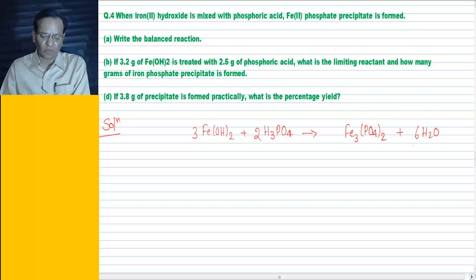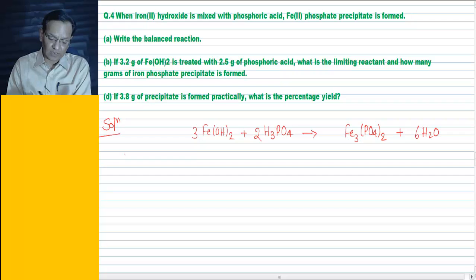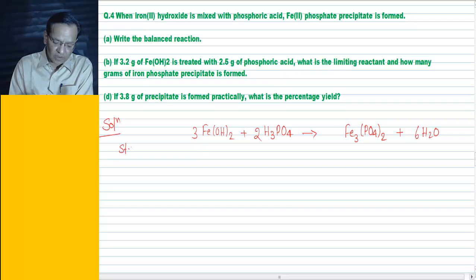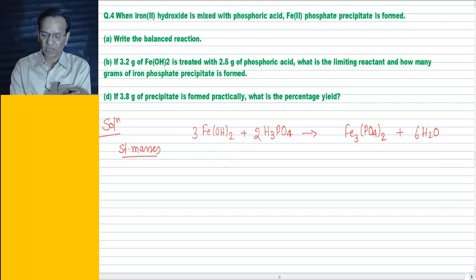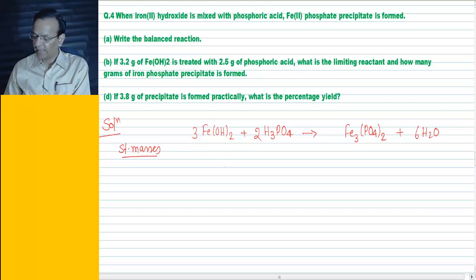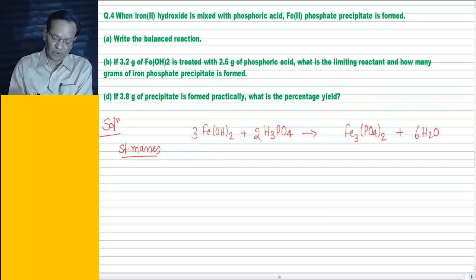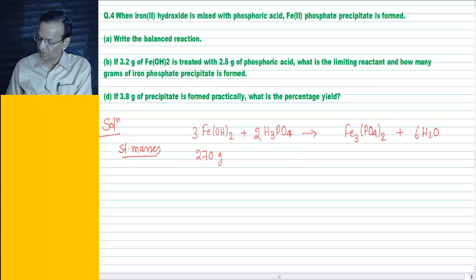This is the balanced reaction. We have been given 3.2 gram of ferrous hydroxide and 2.5 gram of phosphoric acid. So first of all, let us know their stoichiometric masses. Ferrous hydroxide is 56 plus 34, 90 into 3, 270 gram, and phosphoric acid 2 into 98, so it is 196 gram.